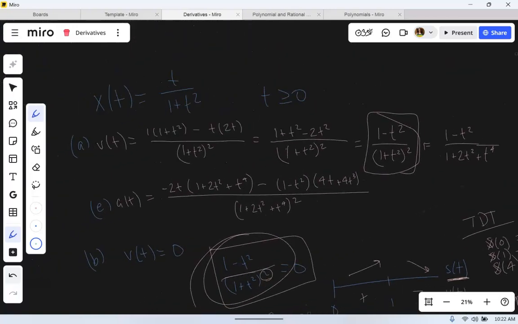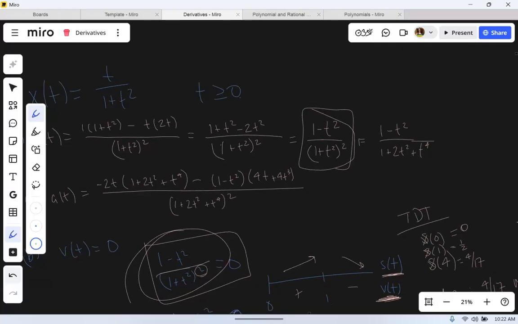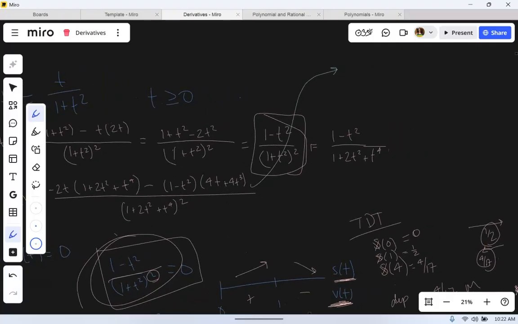So I need the zeros for acceleration. So I'm going back to this acceleration equation. Only the top though. So negative 2t minus 4t cubed.